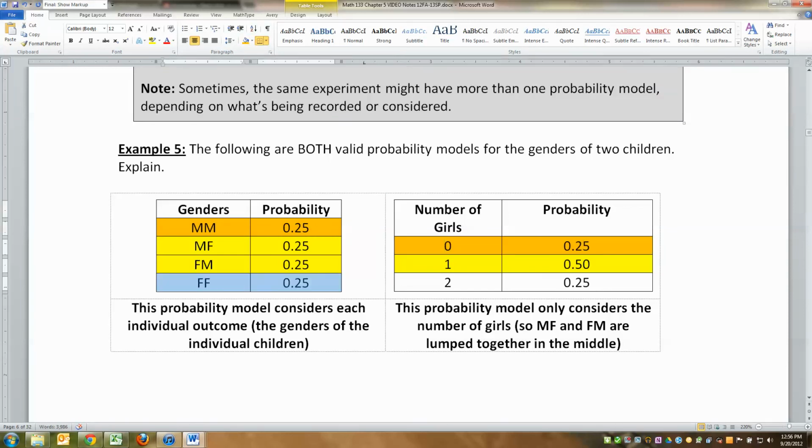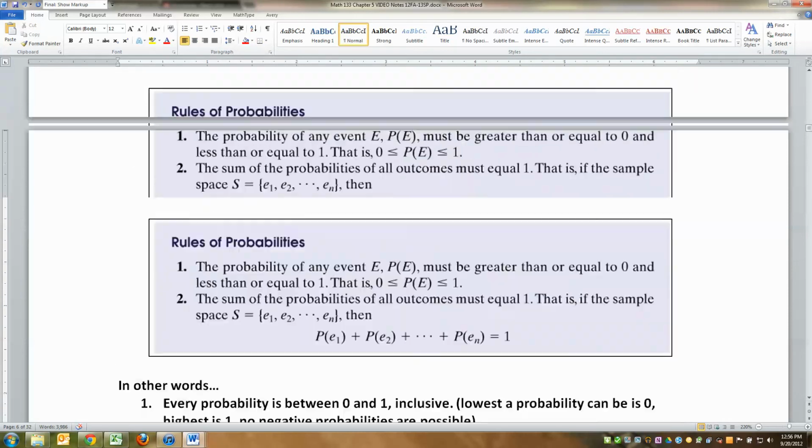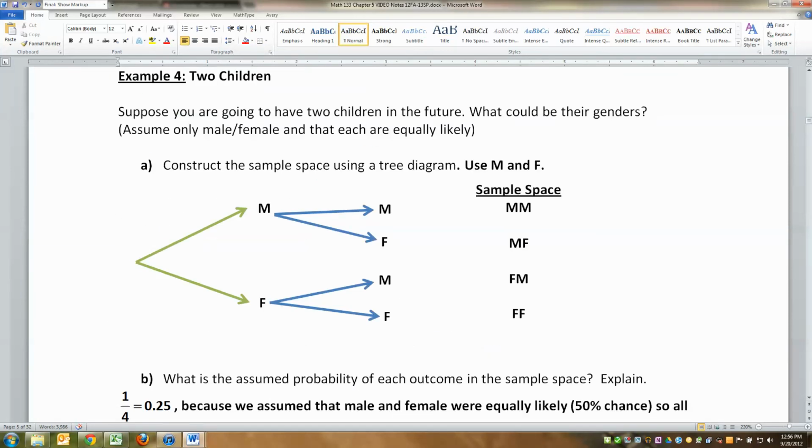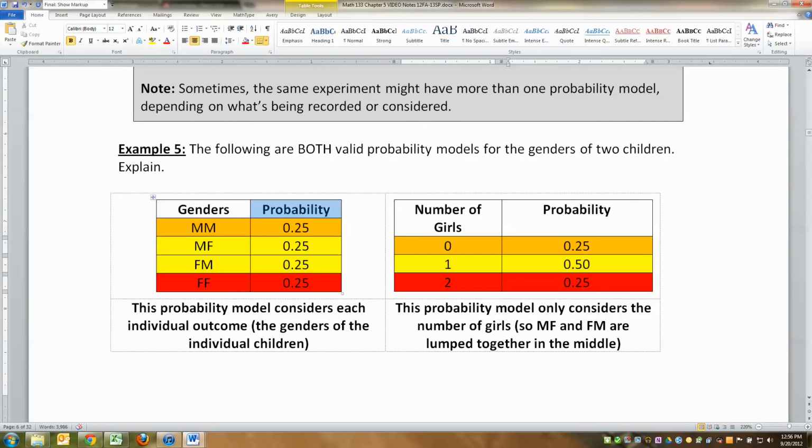And then if you have female, female, I'll make that one red for the fun of it. So it's the same tree diagram that's the foundation for what we're doing, but you can write them based on the number of girls or the genders of the particular children, and they're both completely correct. So you have to pay attention to what was asked for in the problem.